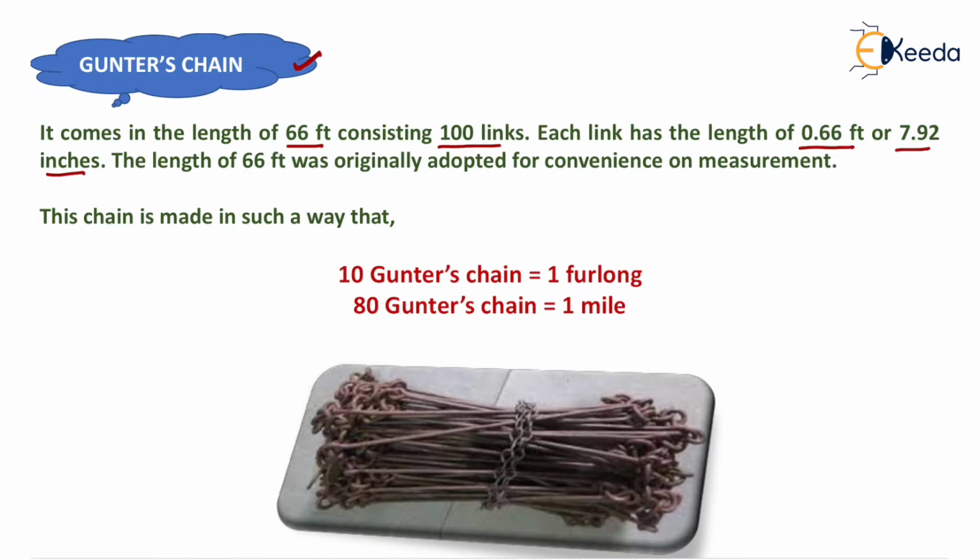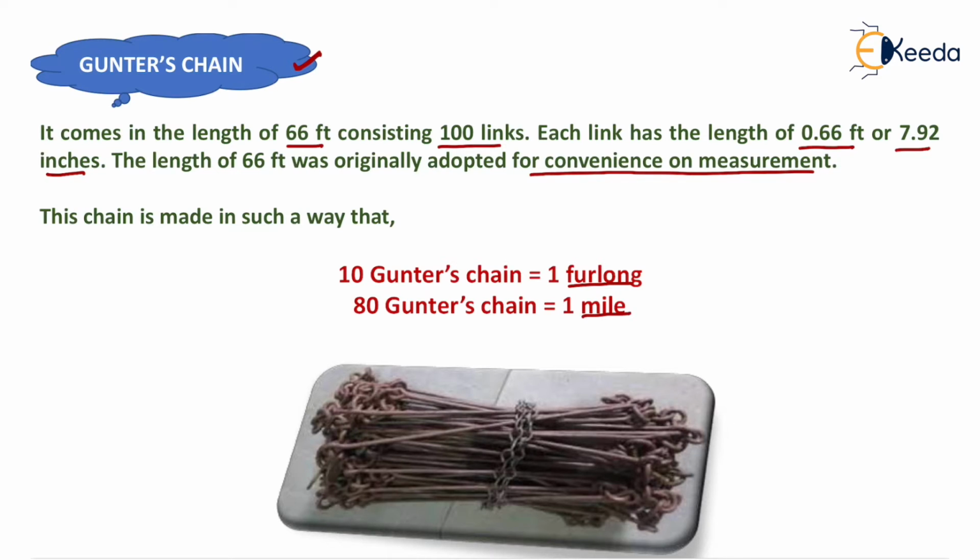Now why had Gunters adopted 66 feet length? For convenience on measurement, because previously only two units were there, that is furlong and mile. At the time of development of Gunters chain, he thought that for the measurement of 1 furlong, we need to stretch the Gunters chain a number of times so that we can easily measure the furlong as well as the mile.